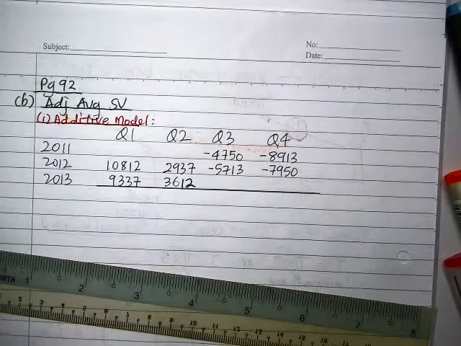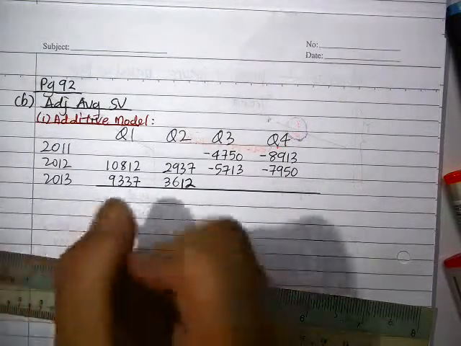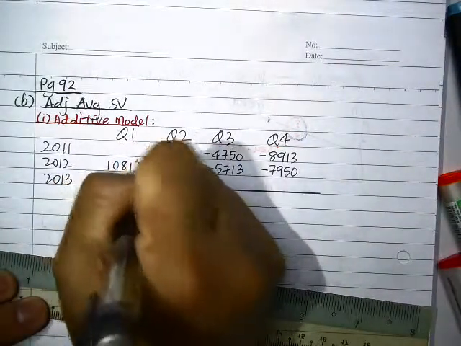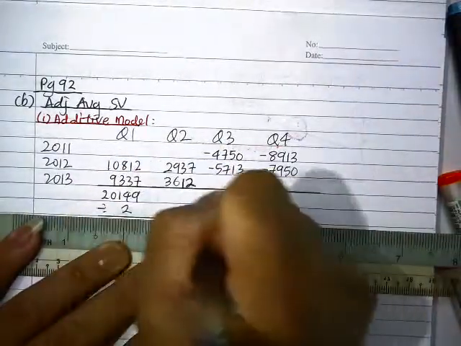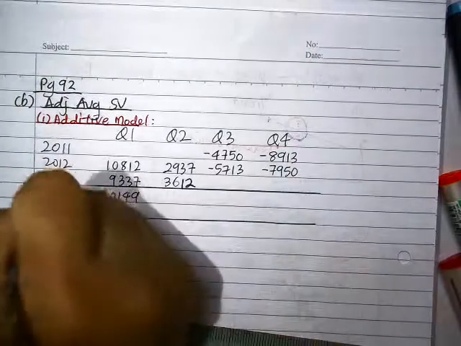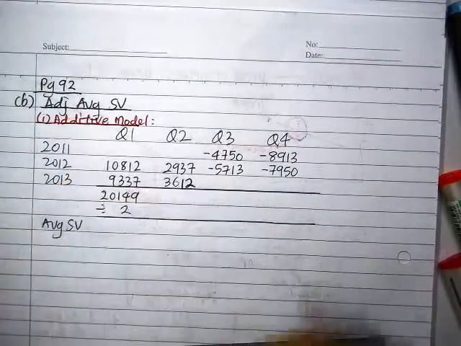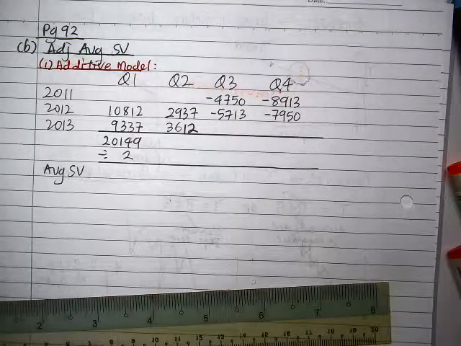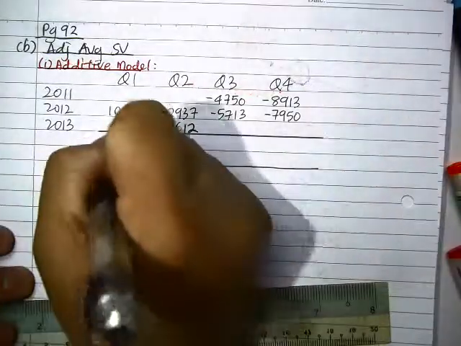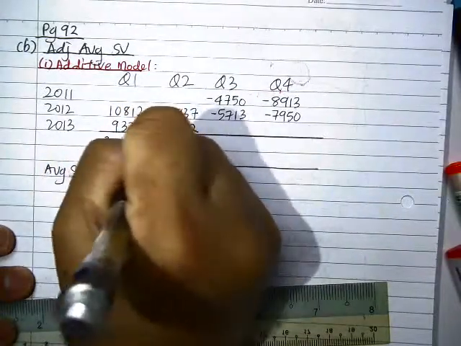So 10,812 divided by 2. Now this is my average seasonal variation. So if you don't mind, I round it as well. So I get 10,075.